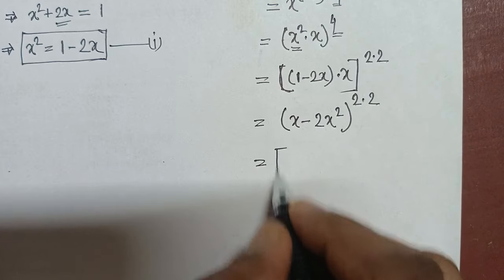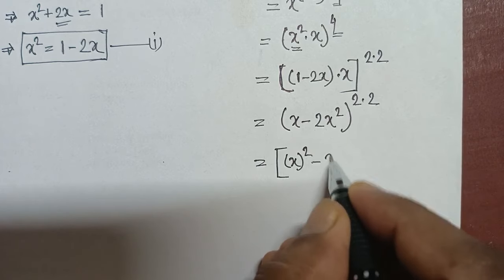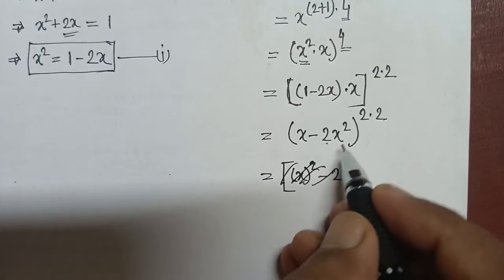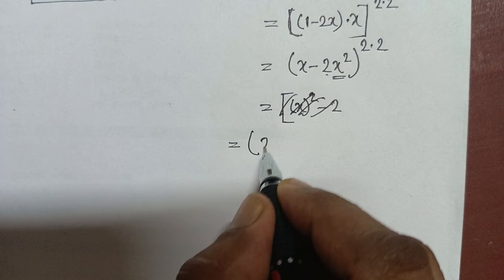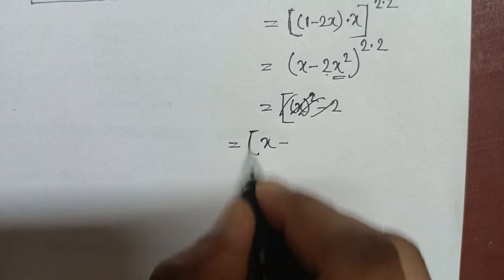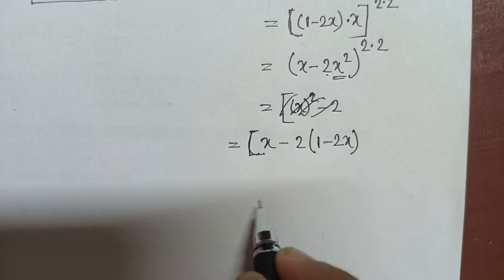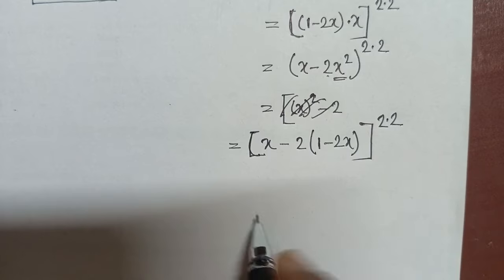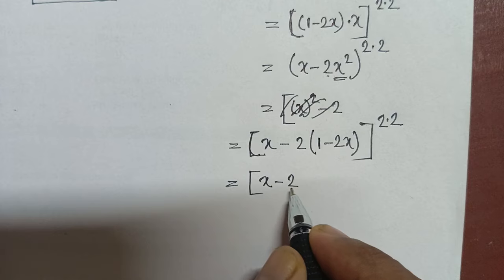Now we take this and we replace the value of x², that is 1 − 2x.